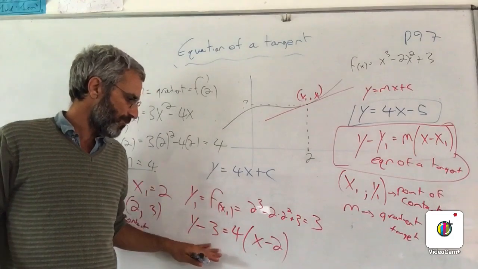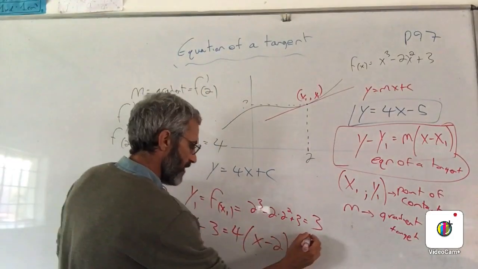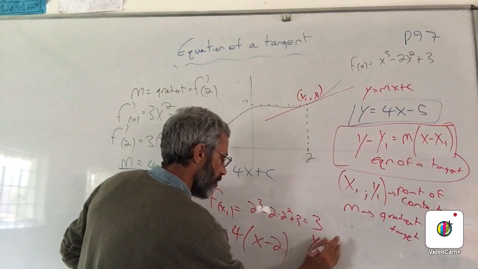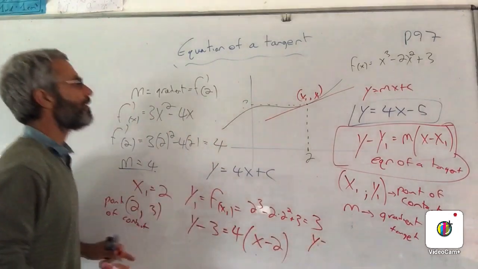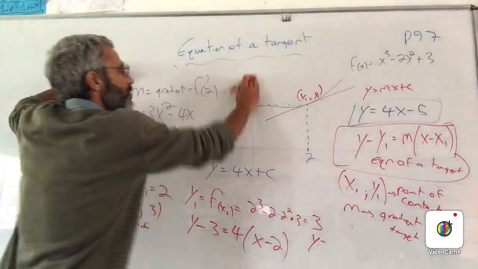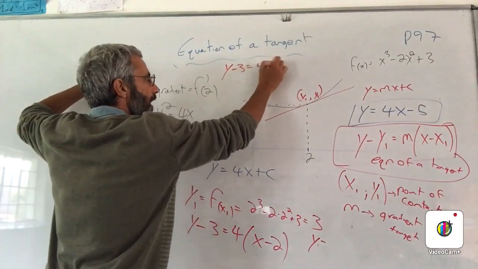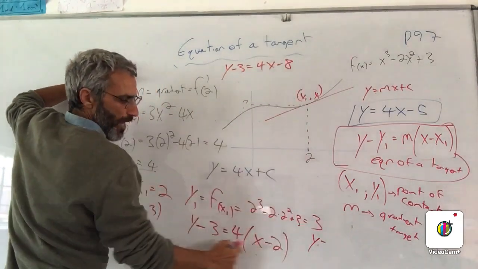Don't leave it like that because we never write an equation like that. But from now, it's very simple. Let's put it in 2 stages. Running out of space here, guys. So y minus 3 equals 4x minus 8. I just opened the brackets.